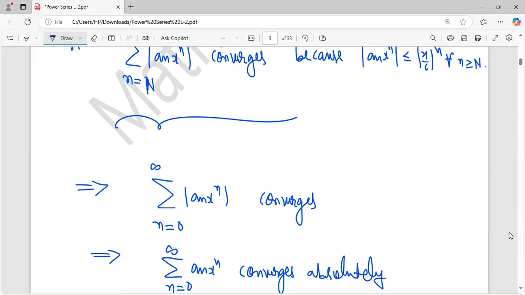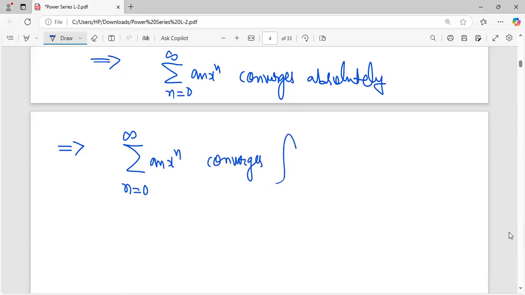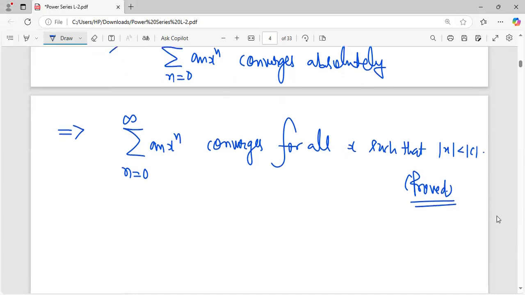So this implies this series converges for all x such that the absolute value of x is less than the absolute value of c. So this part is proved. Now the second part we are going to prove.